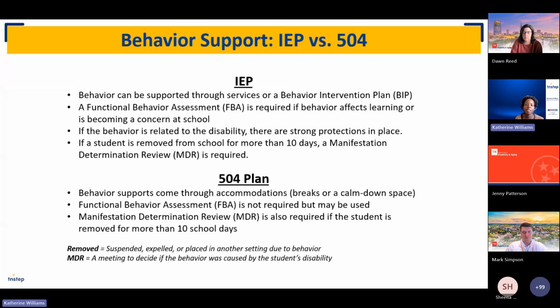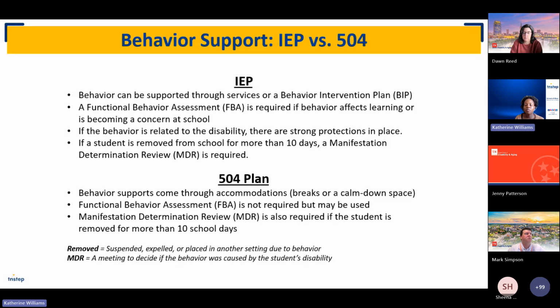So with an IEP, support can come through services or it can come through a formal behavior plan. And so when I say services, that could be counseling services. Some schools have behavioral small groups that will meet a couple times a week or something like that.